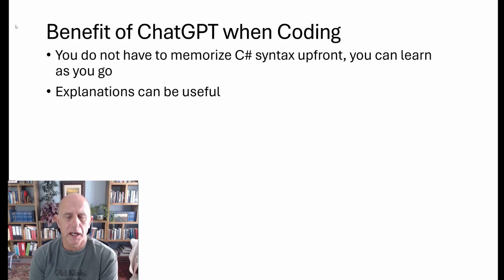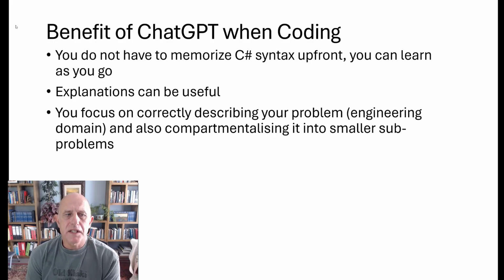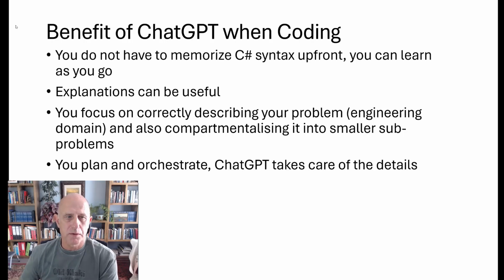The key thing is that as you are an engineer and your code is not just your job, you are only coding to allow you to build a software solution to an engineering problem, you can focus on correctly describing your problem. So that's your engineering domain, and how to compartmentalize it into smaller sub-problems.